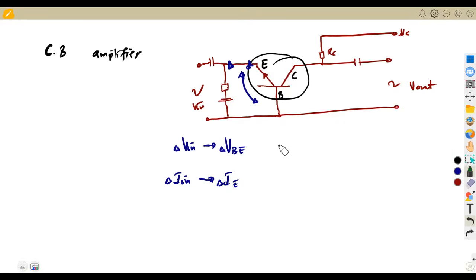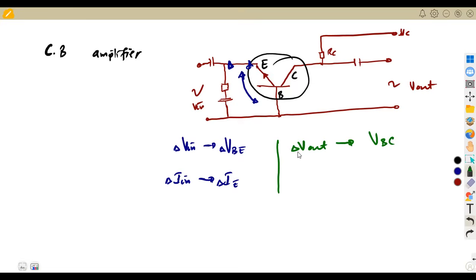Let's talk about the output in this case. The voltage at the output is affected by the branch of the base and the collector. So V out, I'm going to take as the voltage of the base collector.